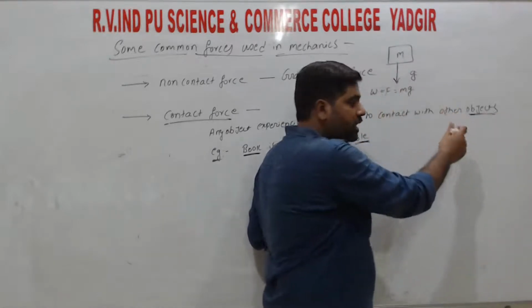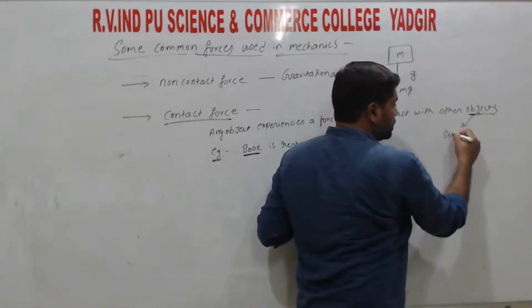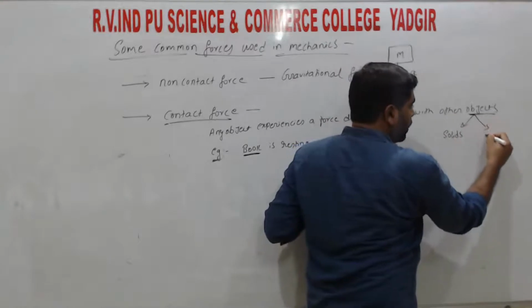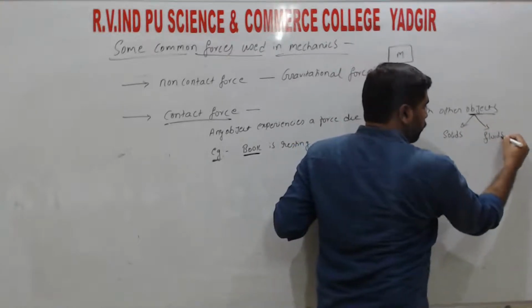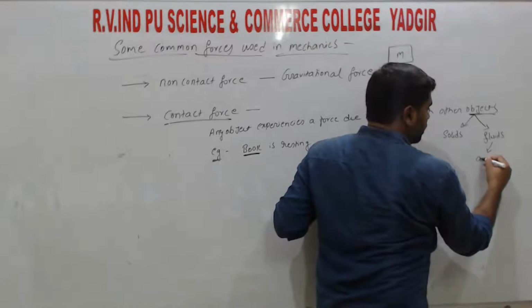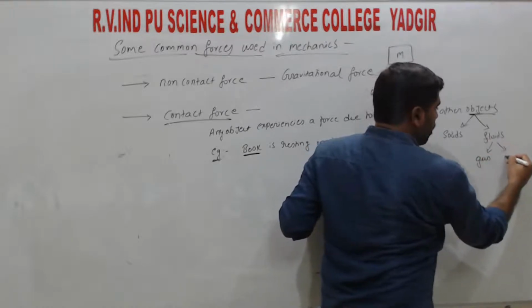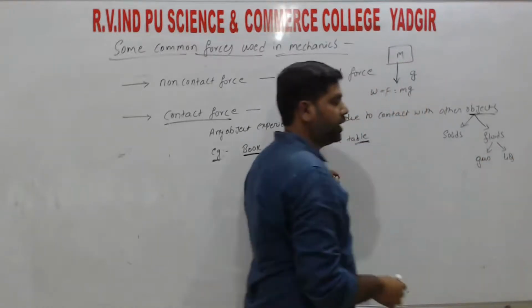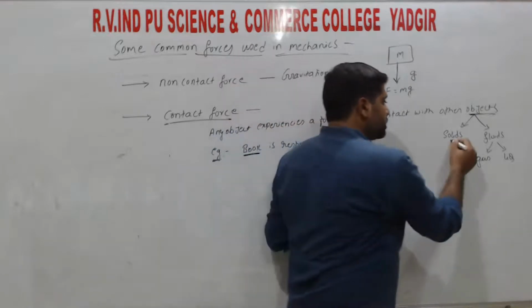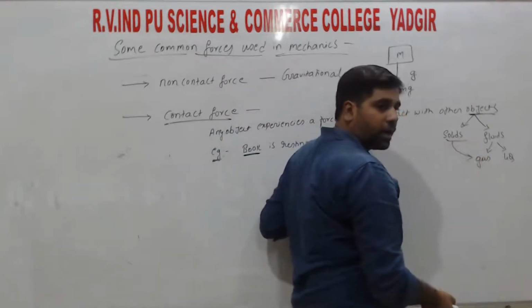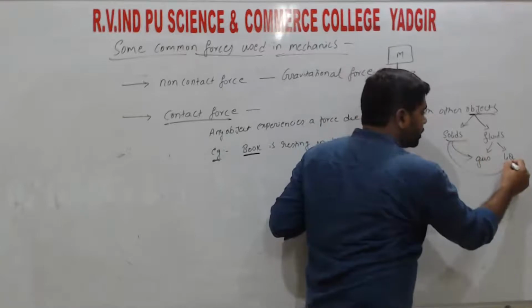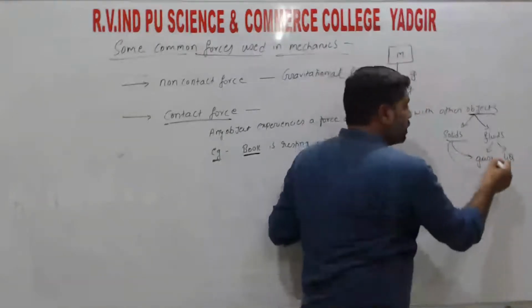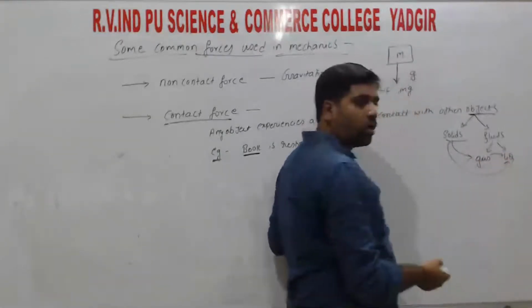So here I mentioned contact with other objects. These objects may be solids or fluids. Fluid again may be gas or liquid. So solids may be in contact with gases, solids may be in contact with liquids, or gases with liquids.